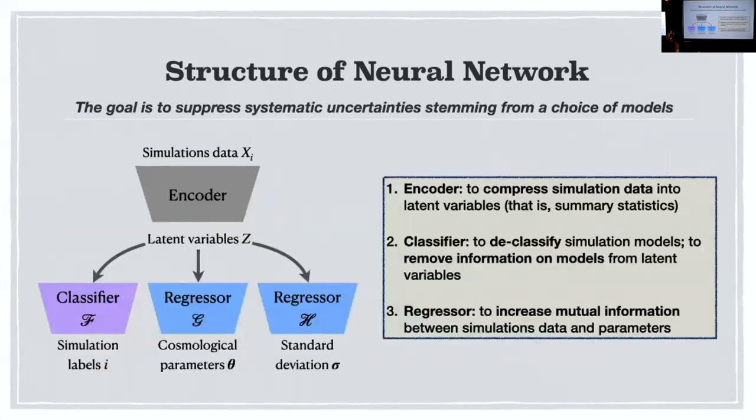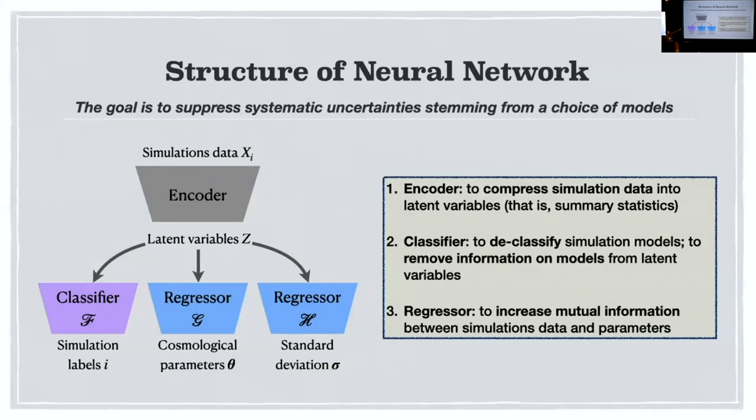So we built a machine to suppress the uncertainties from these baryon physics or the subgrid models. This is our neural network, which consists of an encoder, a classifier, and some regressors.